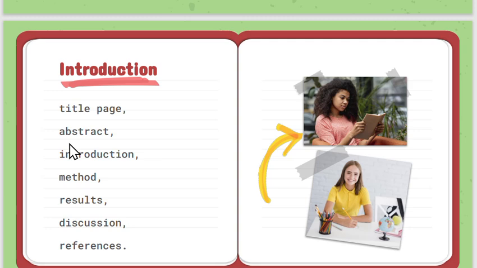The introduction sets the context. The method outlines your approach to your research. The results present your findings, and the discussion interprets the results. And finally, the references credit your sources. Keep in mind that your research paper should start with the title page and end with references.